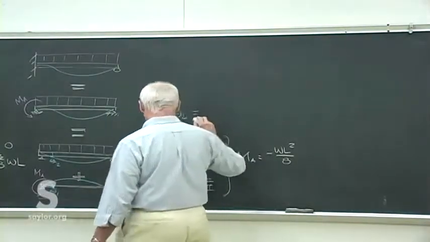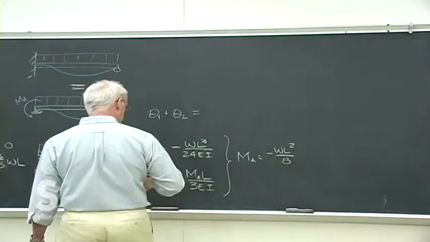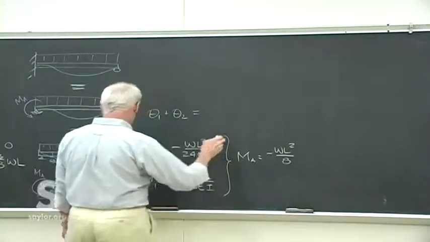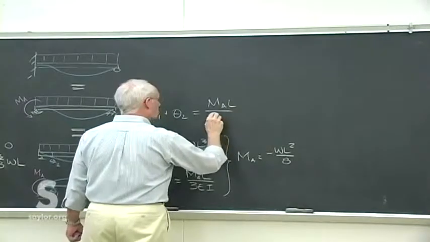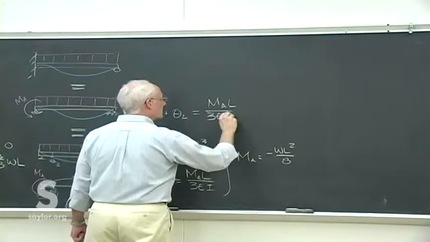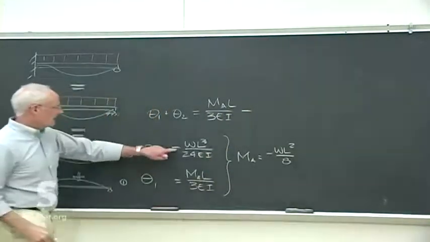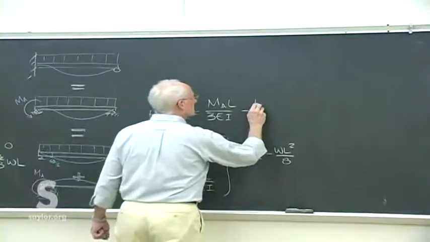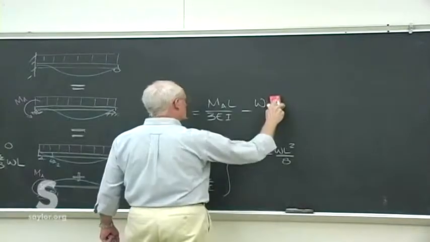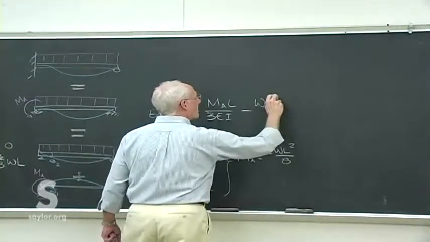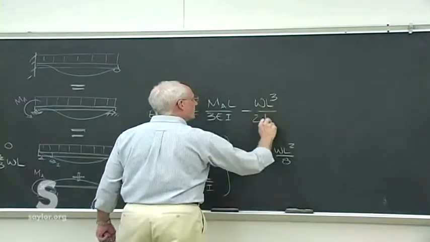So does it not come out in the algebra? We got MA L over 3EI minus, because I have a minus here, WL cubed over 24 EI.